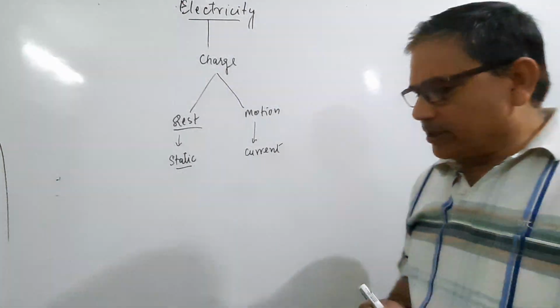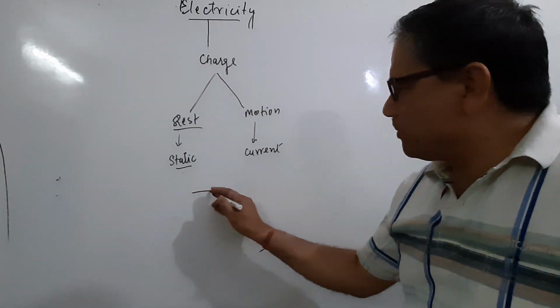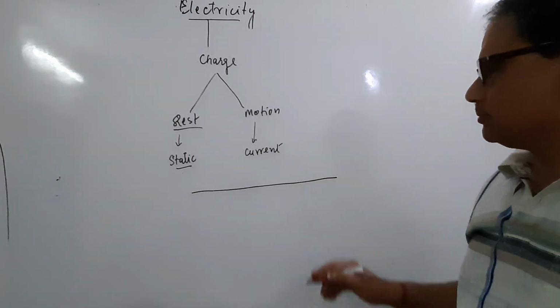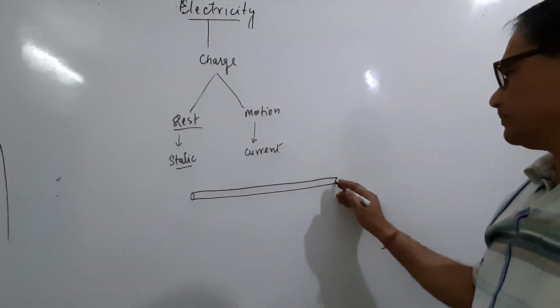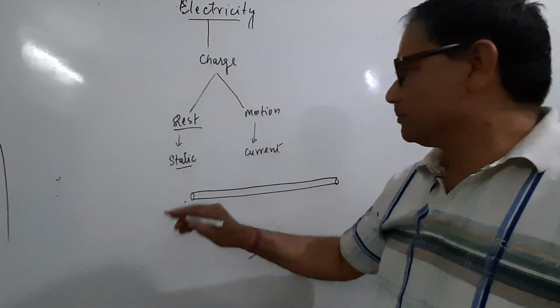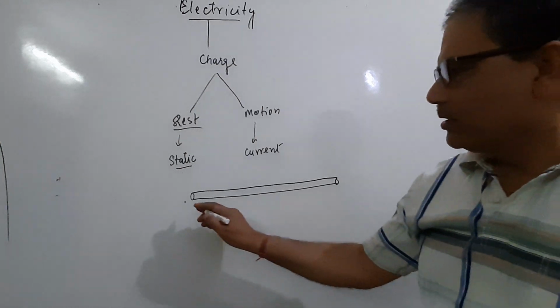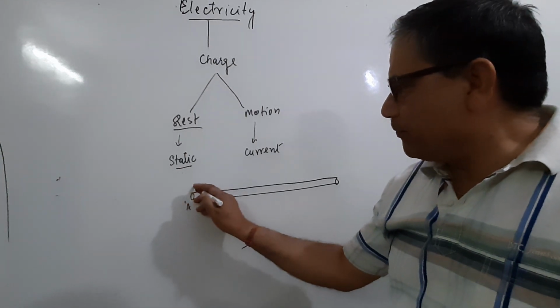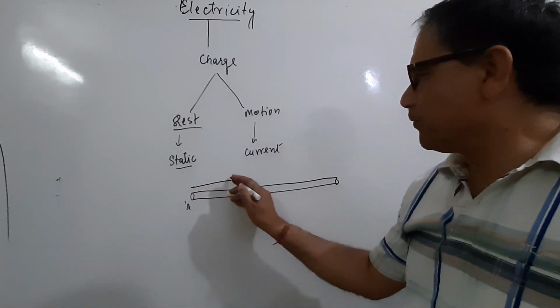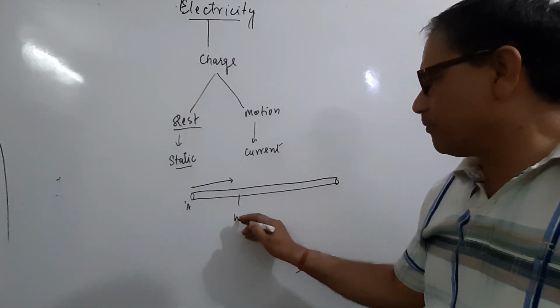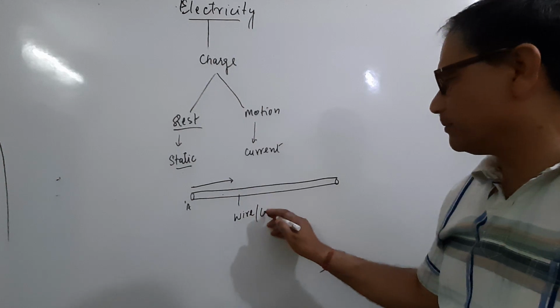And now, how is the current produced? When charge is in motion, this is a wire A, and when the charge is in motion, it means it flows through a conductor. A wire is a conductor.